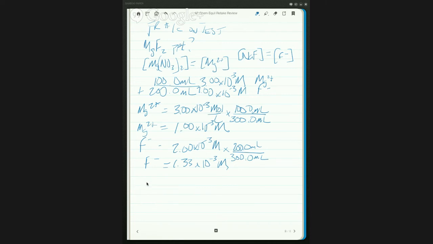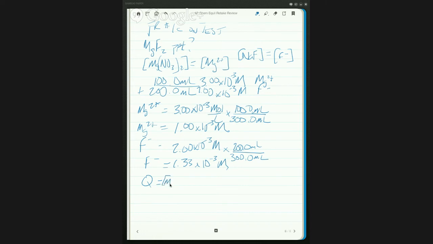If we have the actual concentrations, then we can find out the K. Now, unfortunately, this is not really K, so I need to erase this. This is actually Q. We don't know if this is at equilibrium, so we're actually solving for Q first. Q, which we calculate the same way you would solve for K, but Q is when you don't know if it's at equilibrium or you know it's not at equilibrium.